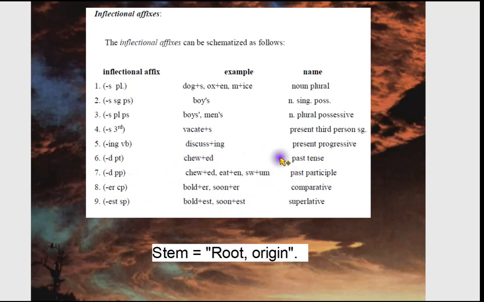Same for the simple past or past tense, the famous ED. The ING is another common one. The S for the third person singular, in present tense, of course. The plural, possessive, the simple possessive, the singular, sorry, singular possessive. These are the only inflectional affixes that exist in the English language. So pause the video, take notes.